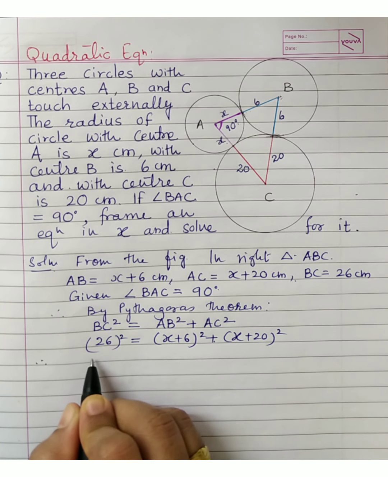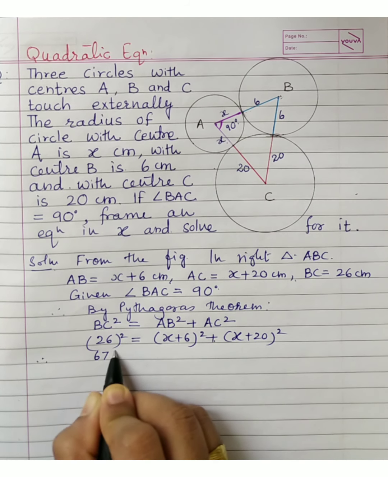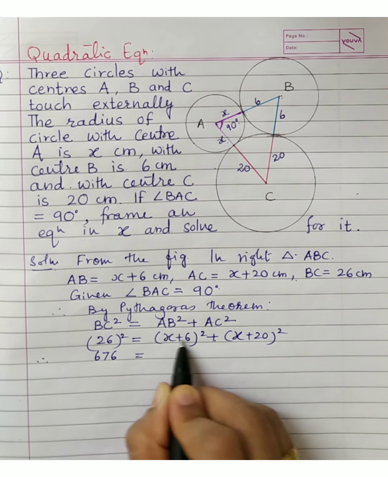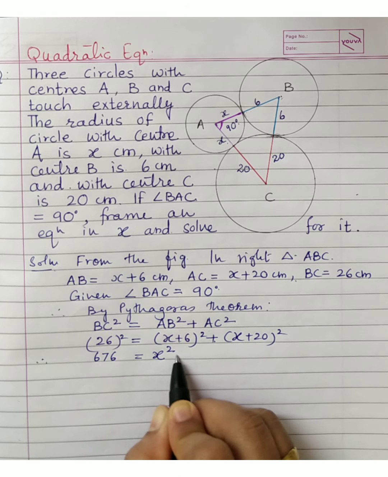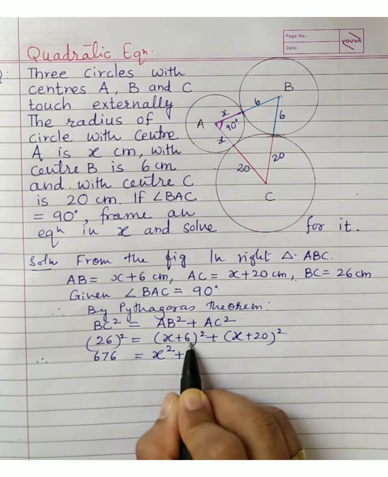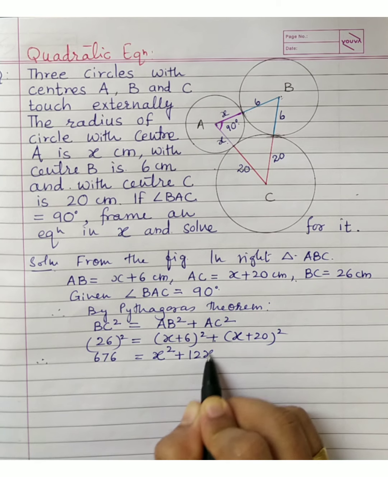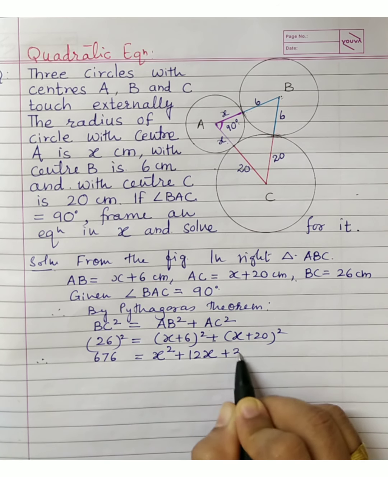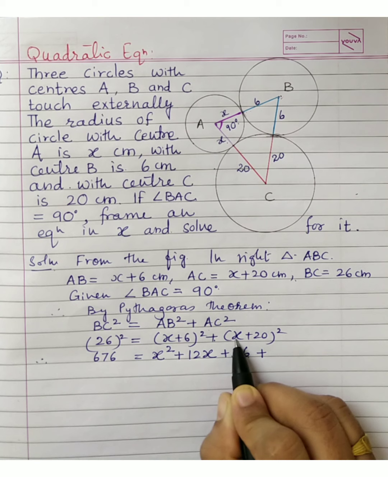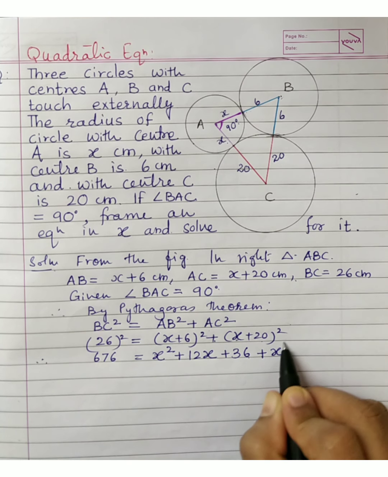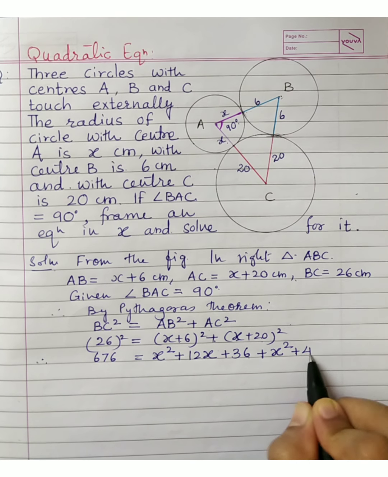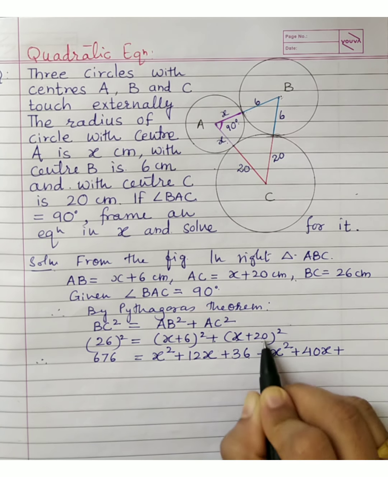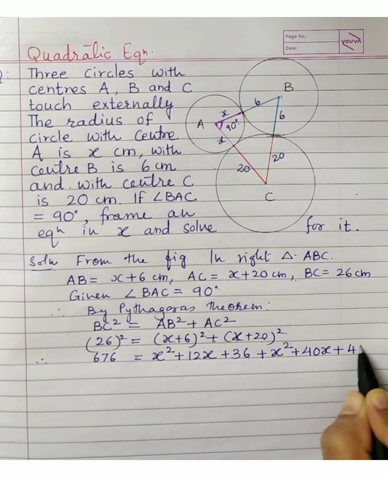So 26 square is 676. Expand x plus 6 the whole square. Now I am doing it directly, because I hope every one of you has learned it by practice. x square plus 2ab, that is 2x into 6, that is 12x, plus 6 square, 36. Similarly, x plus 20 the whole square: first term square plus 2 times the product of the two terms, 20x into 2, 40x, plus 20 square, that is 400.